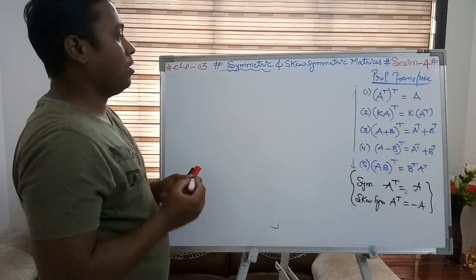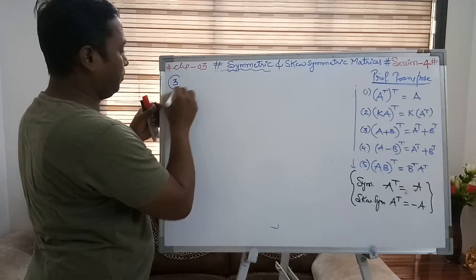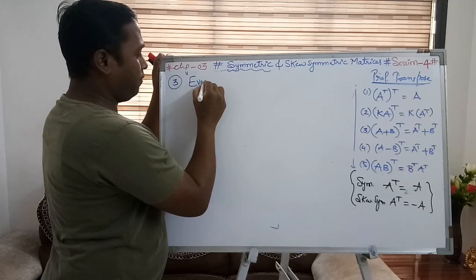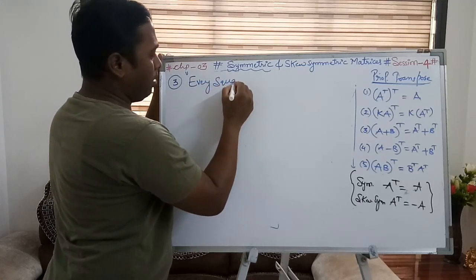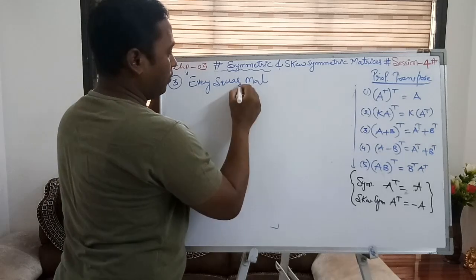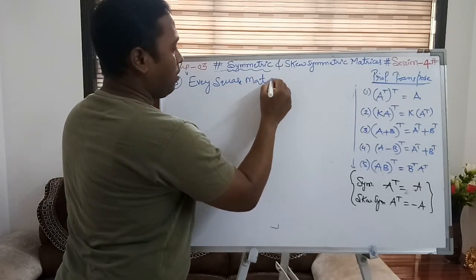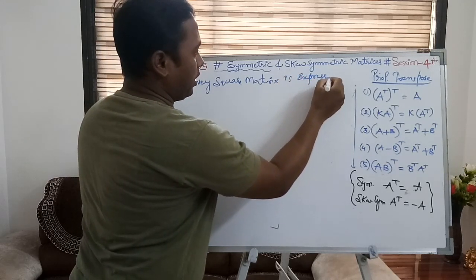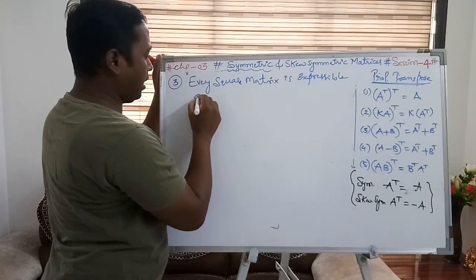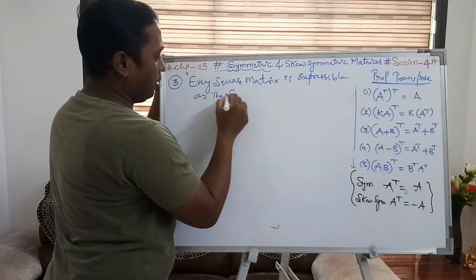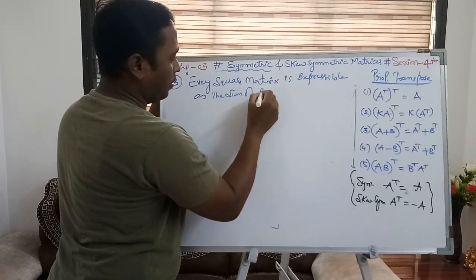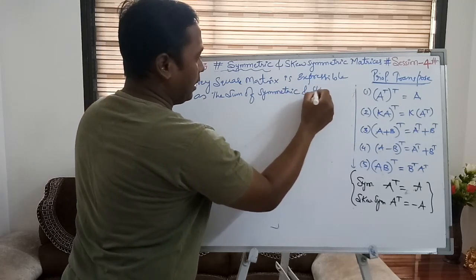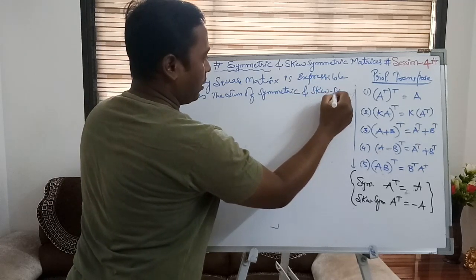Fine. What is that third result here? I am writing the statement here. Every square matrix is expressible, or written, as the sum of symmetric and skew symmetric.